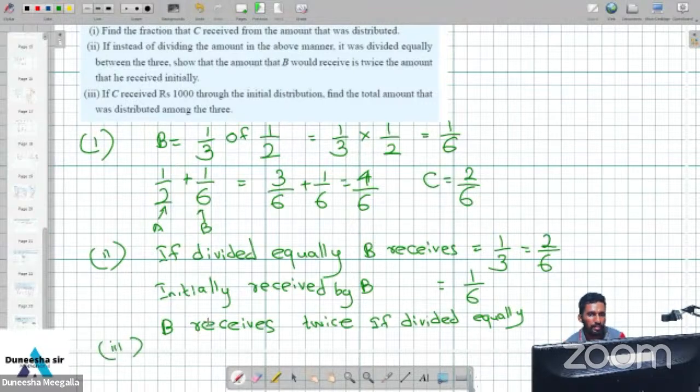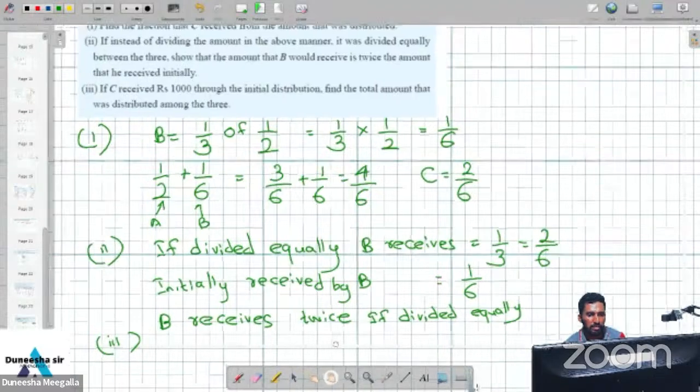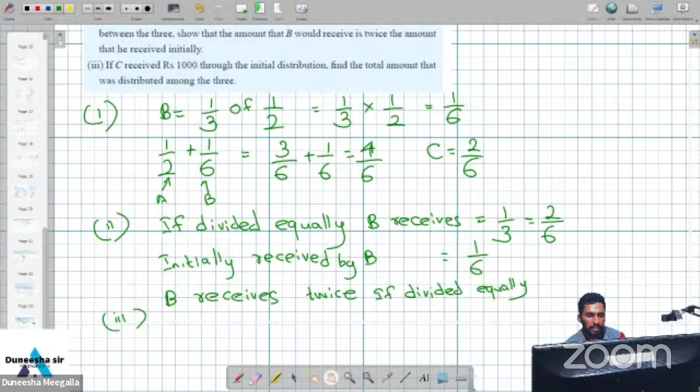How do we find it? C received 1000. What is C's fraction? 2/6. If 2/6 is equal to 1000, you have to find the 6/6. Okay, get the final answer.